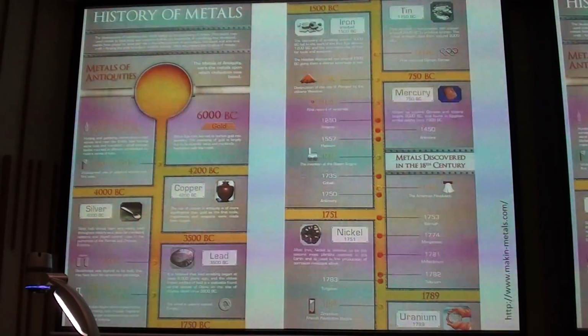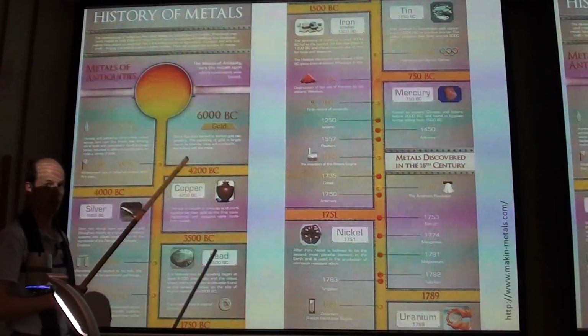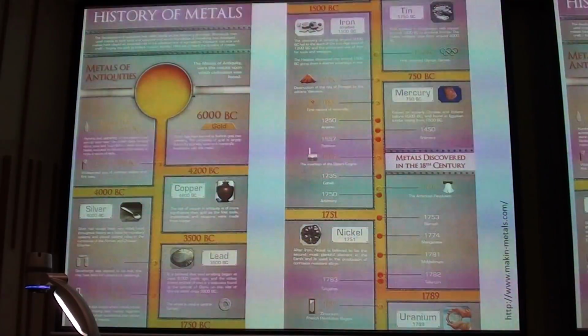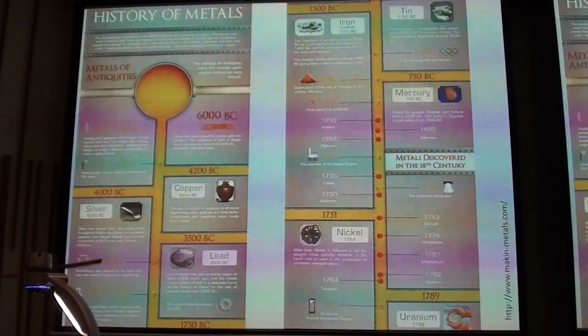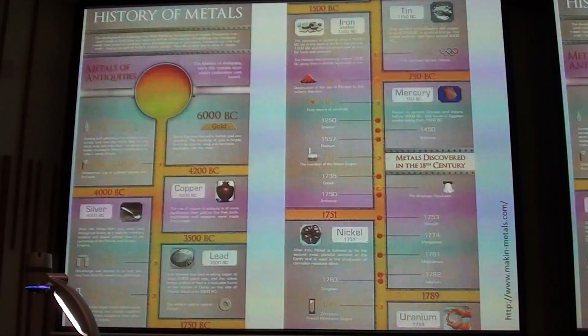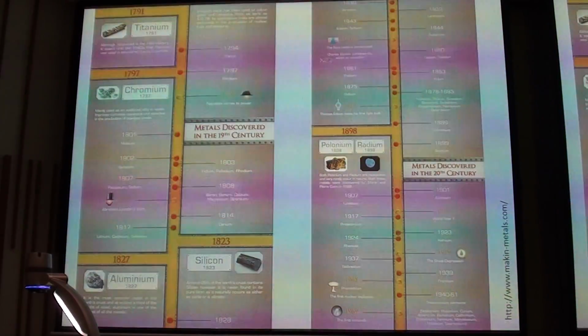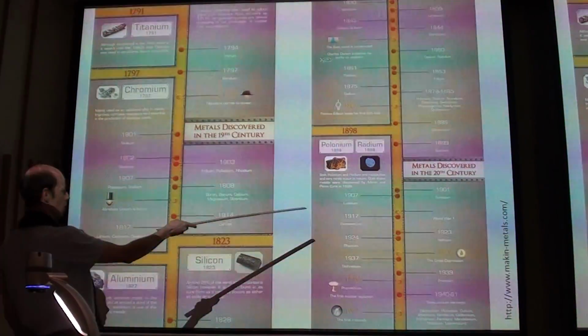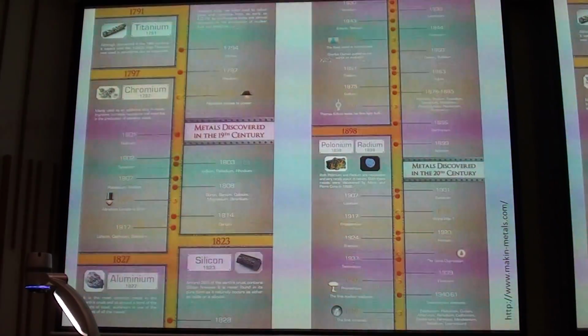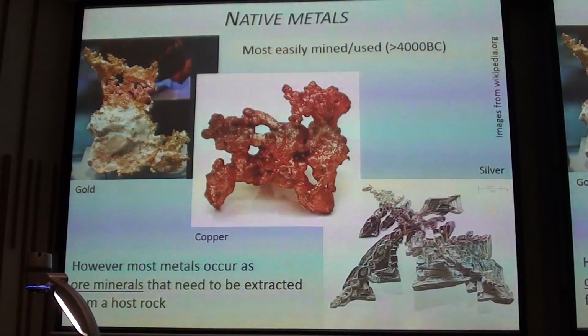Then later they found out how to extract iron from ore minerals, and they started throwing iron sticks at each other, and so we have the Iron Age. Later on more metals and uses were found, with the last metals still discovered in the 1900s. As I said, you can go through those in your own time.